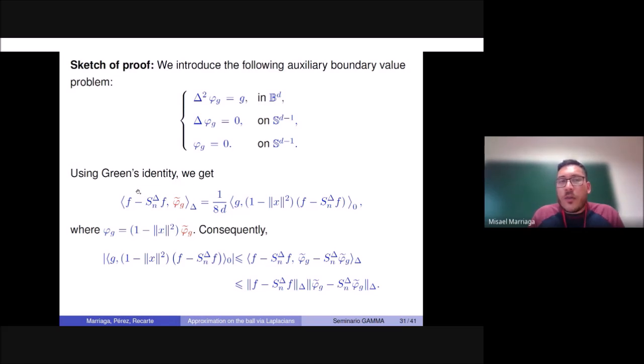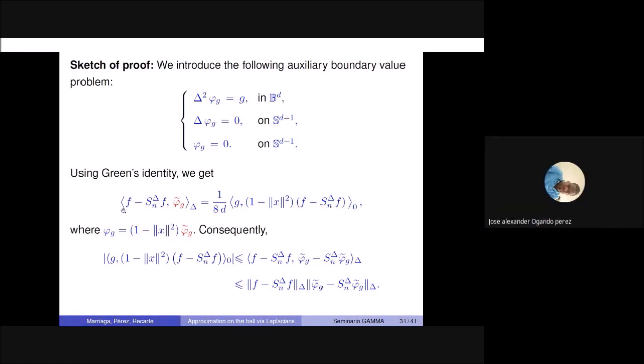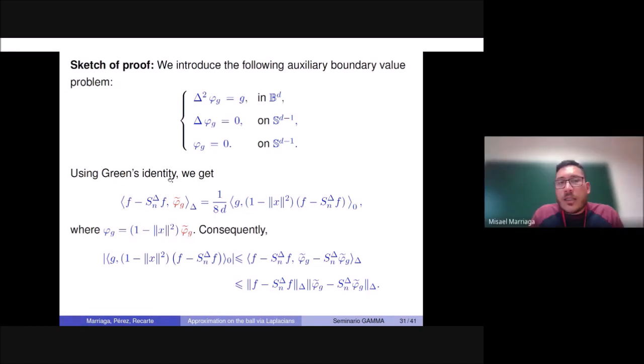So whenever I apply Green's identity several times to the left-hand side over here, which is the Sobolev inner product, this function that appears over here comes from the solution for a certain G.